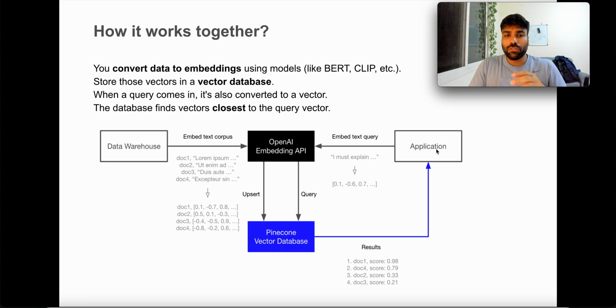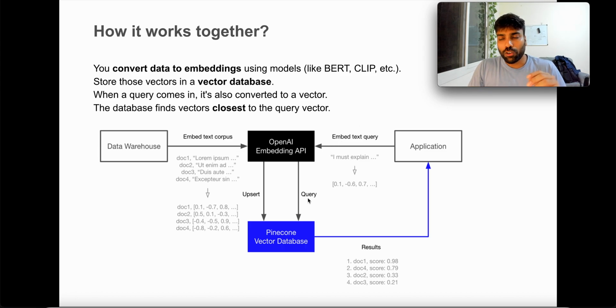Now let's say you are using the ChatGPT UI, right? It's an application, and you are putting in some query. Maybe you uploaded a PDF of your financial transactions, and now you want to know how many transactions you did in the last month. So that would be your query.